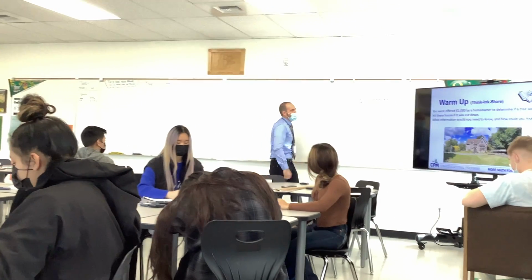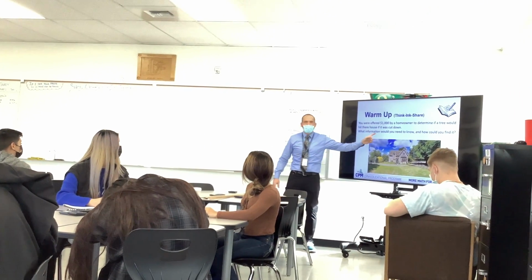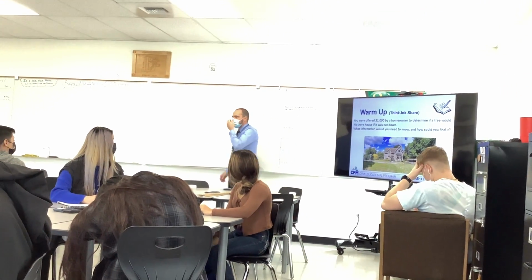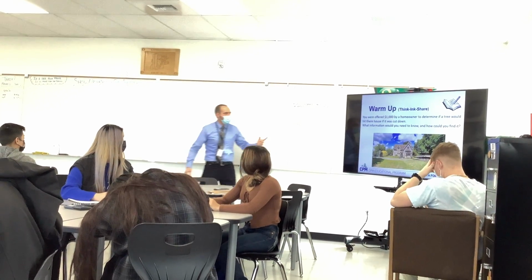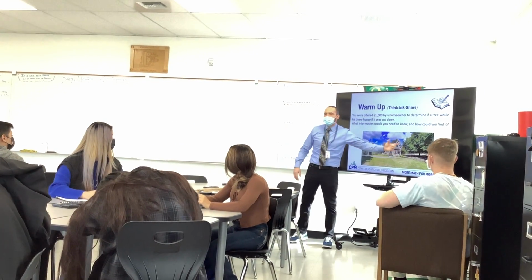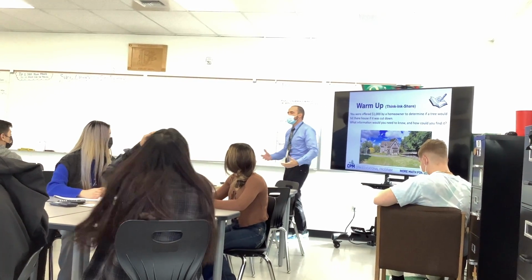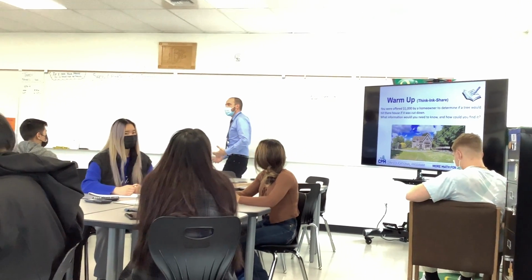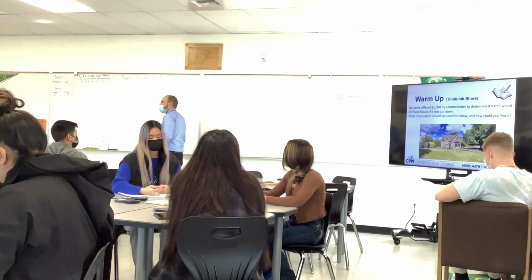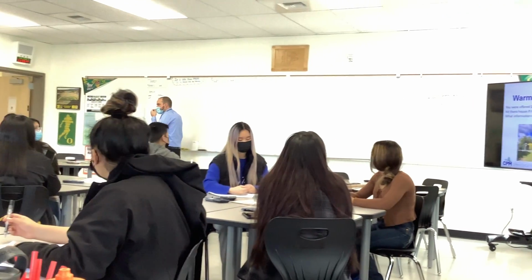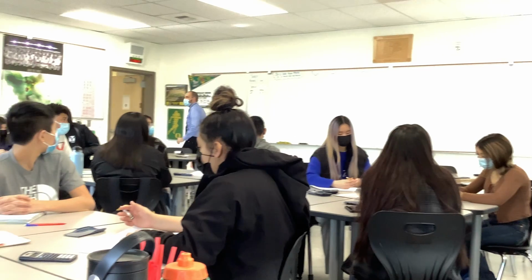So I want you to think, what information would I need to know to determine if a tree next to a house being cut down is going to hit the house? What types of information would you need to think about, and how might you figure it out? Give you about a minute 15 seconds to think first.